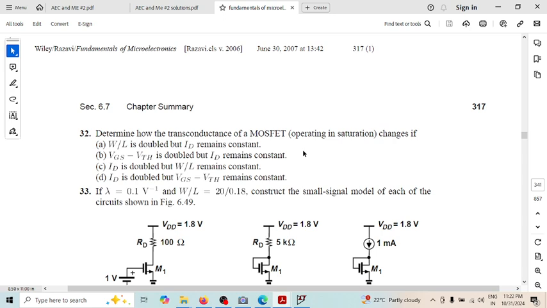C is ID is 2x, but W by L remains constant. D is ID is doubled, but VGS minus VTH remains constant. Okay, let us see what happens to GM. How do we solve this?